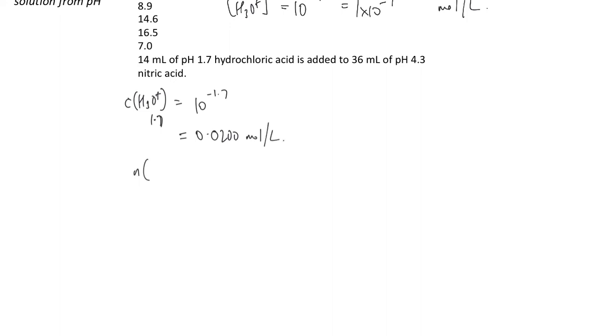So then I can work out the number of moles of H3O plus for 1.7. Okay, so that is going to be CV, 0.02 times 0.0140, which happens to be, now I'm just using the saved number, 2.79 times 10 to the negative 4. Okay, that's the number of moles of H3O plus from that. Okay, so I just save that as A.